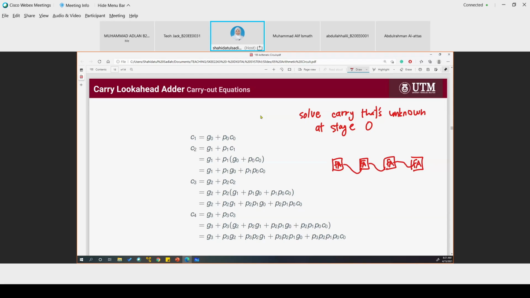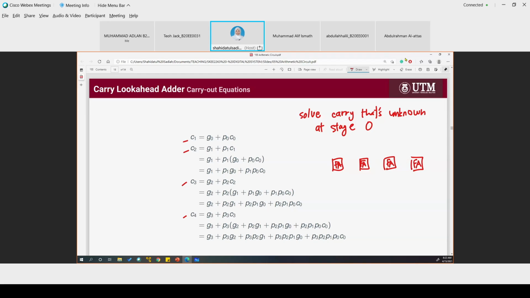So there's a wait there, and we don't want that wait. So instead of waiting, we want to solve the carry. The inputs that we need are C1, C2, and C3. Of course, we can also calculate C4, but we don't really need to calculate C4 during stage 0, because that will be like the end solution for the 4-bit ripple carry adder.